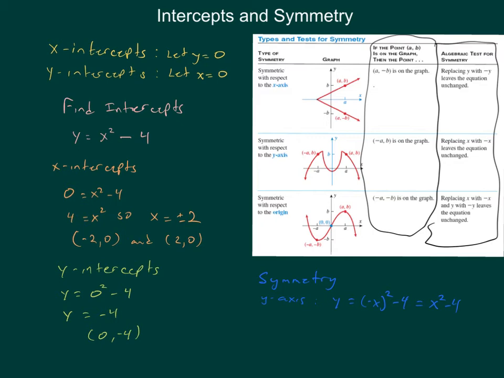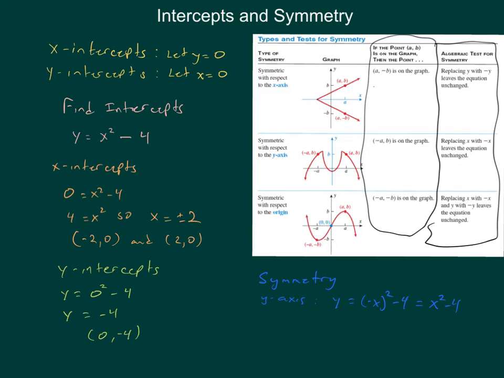So in this case right here, we know that the point (a, b) is on the graph. If (a, b) is on the graph and it's symmetric over the x-axis, then (a, -b) is going to be on the graph. If it's symmetric about the y-axis, then (-a, b) is on the graph. And if it's symmetric about the origin, then (-a, -b) is on the graph.